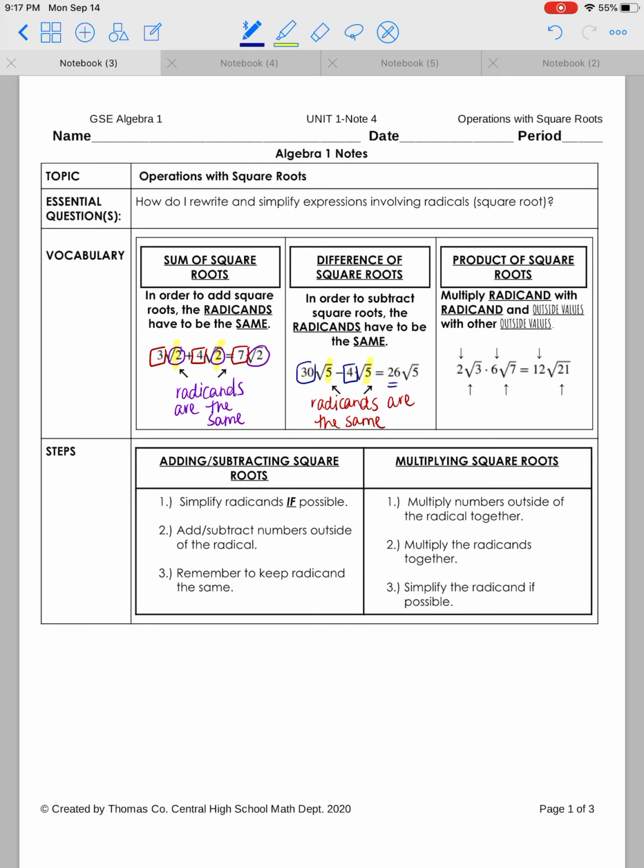Now, whenever I'm finding the product or I'm multiplying, I do not have to have the same radicand. Okay? The rule for multiplying is I'm going to multiply the radicand with the other radicand, which means the number inside the radical times the other number inside the radical. And then I'm going to multiply the outside numbers times each other.